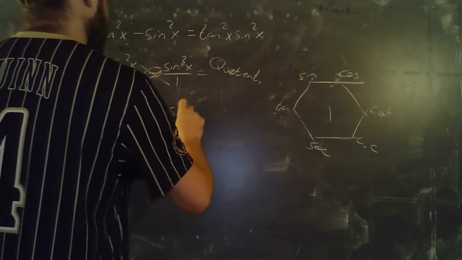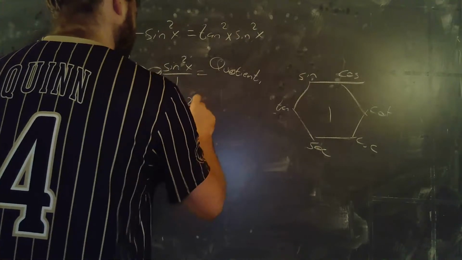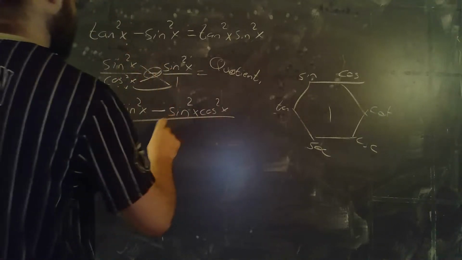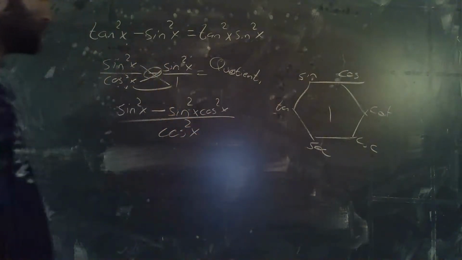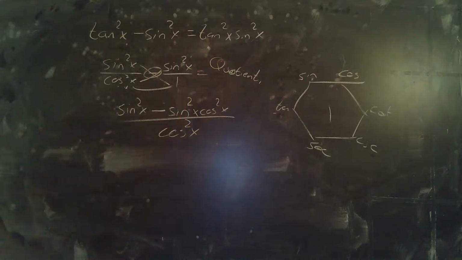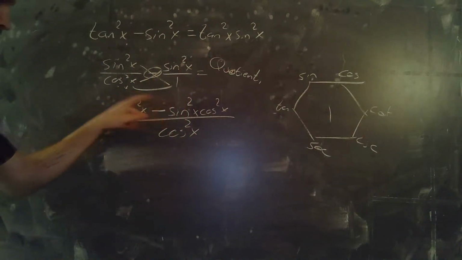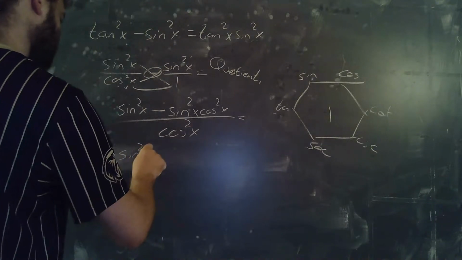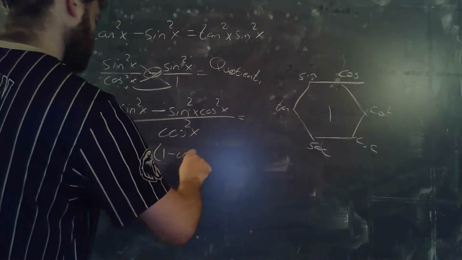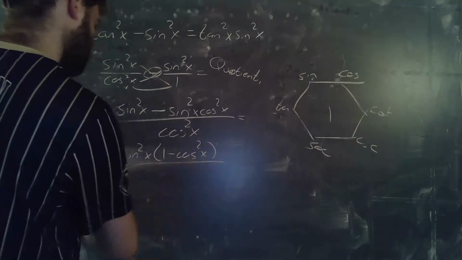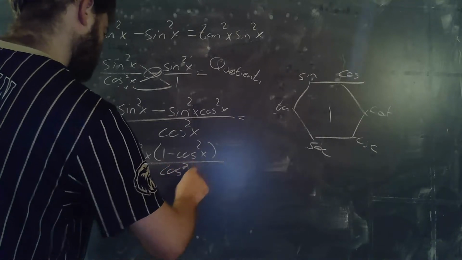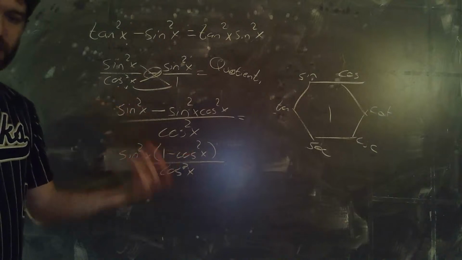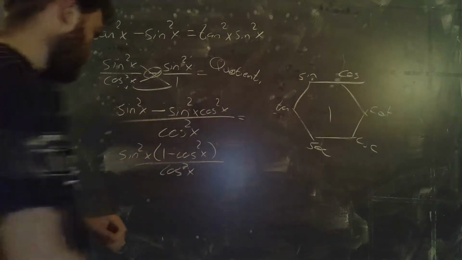If this times this, over this times this. Next, we factor something out. Notice they both have sine squared. Oh, hey, look, that's a Pythagorean identity, which is the next step from our previous problem.